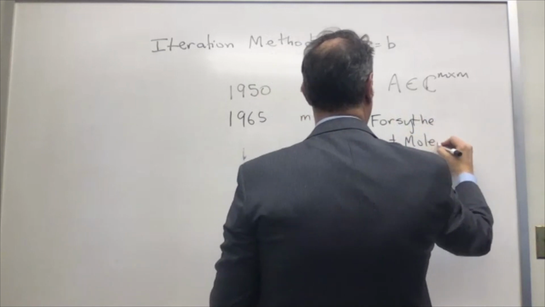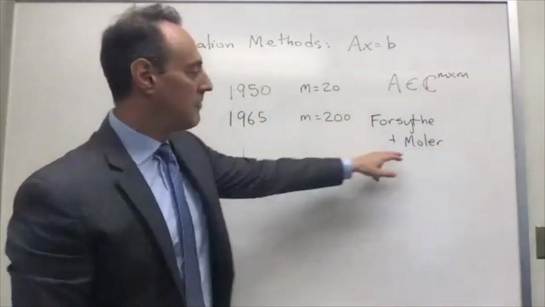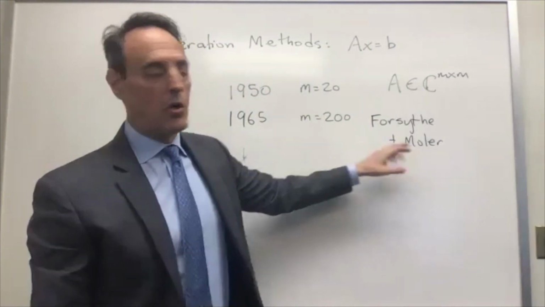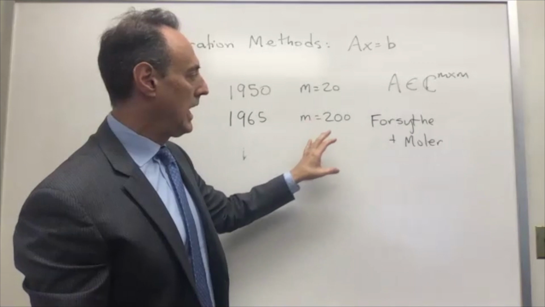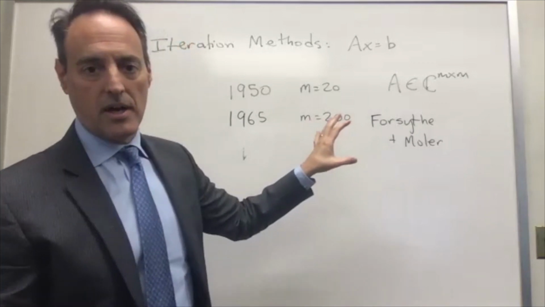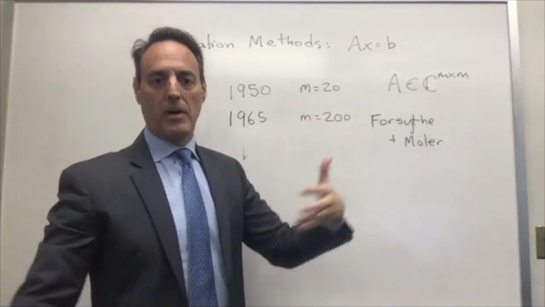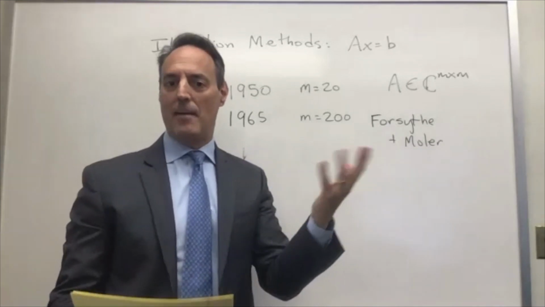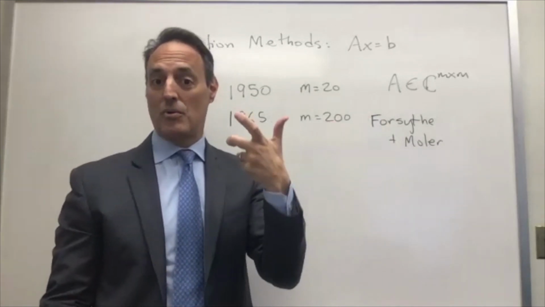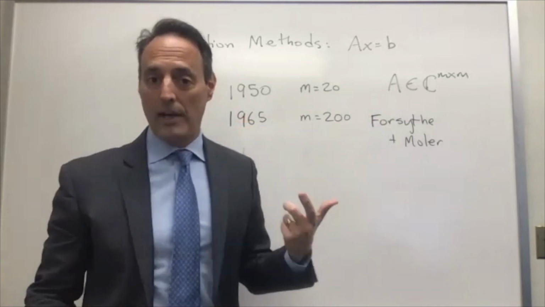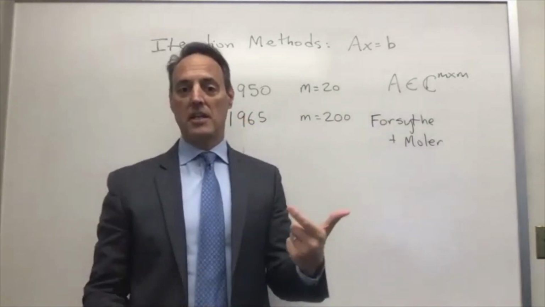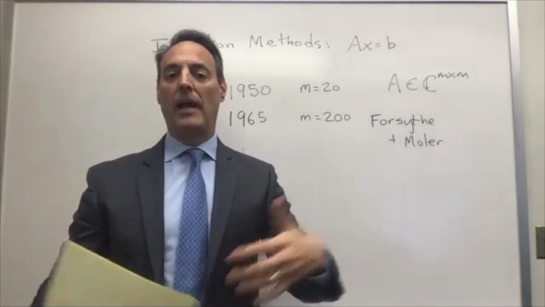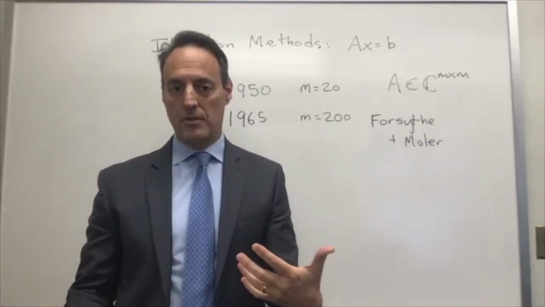Forsythe and Moler. And Cleve Moler is the founder of Matlab. I believe he was working at Stanford at the time. He started thinking about numerical linear algebra, and he came up with Matlab, which is Matrix Laboratory. So at that point you started to see more and more access to computers by everyday researchers.